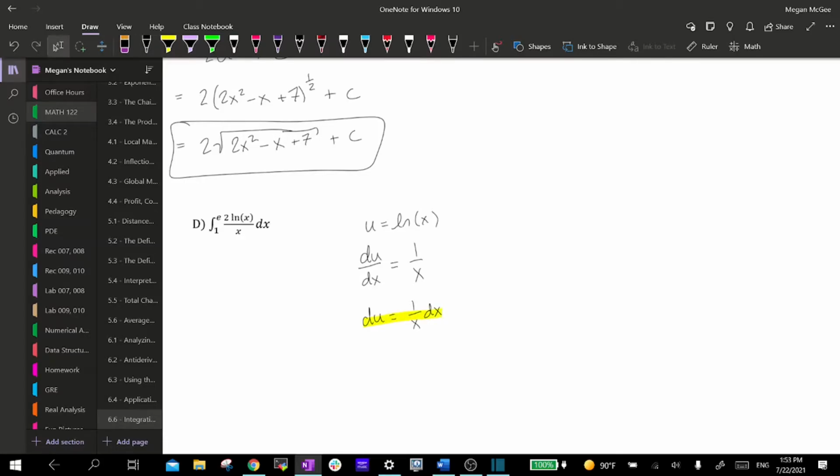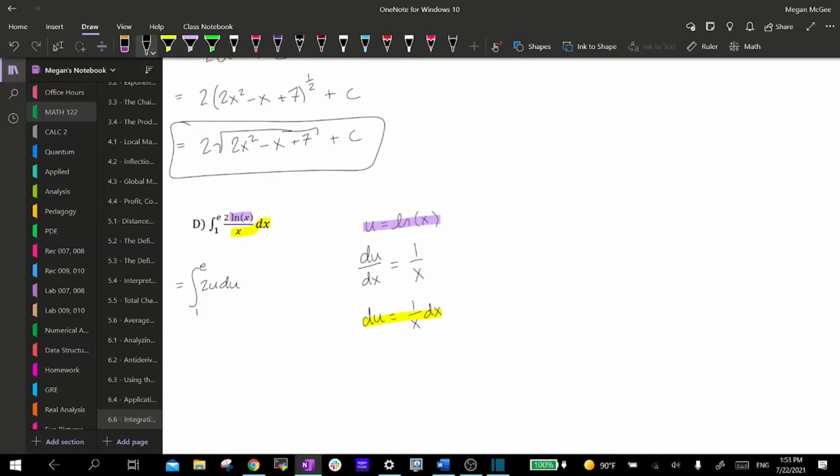All right, so we have our du here. And this is our u. The 2 is a constant. It's fine that it's still there. All right, so we end up with this is equal to the integral from 1 to e of 2u du.